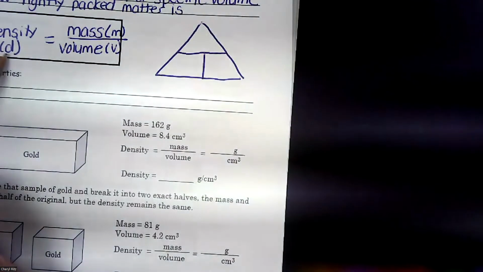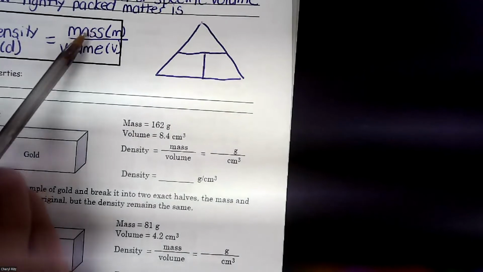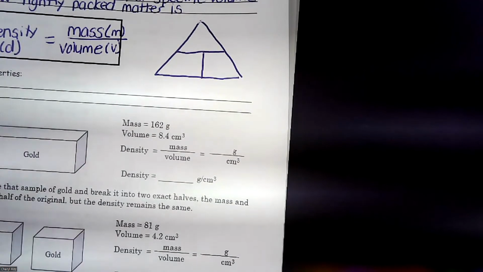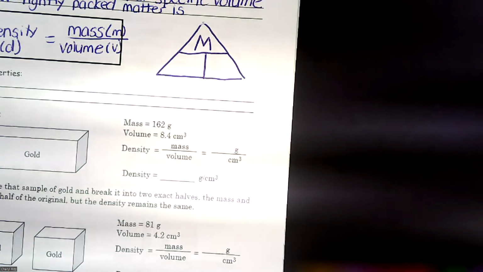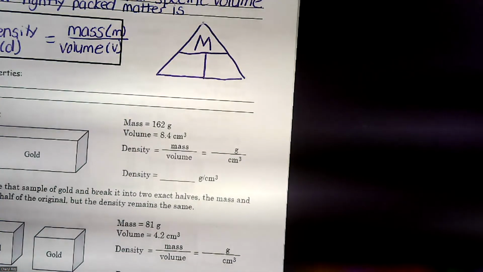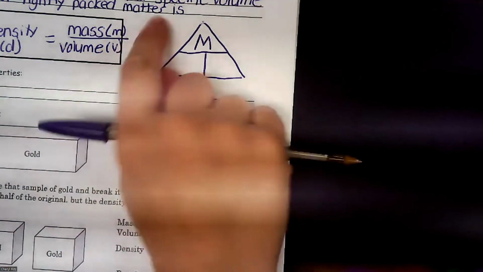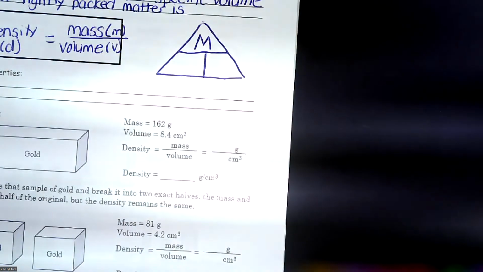Now, since the equation is density equals mass over volume, any idea which one's going to go on the top floor? It is going to be the mass. And the reason mass goes on top is because it's most important. No, that's not why, but that's another way to remember. Don't the most important things usually go on the top? Okay, sometimes they do. So that's why I remember M goes on the top.